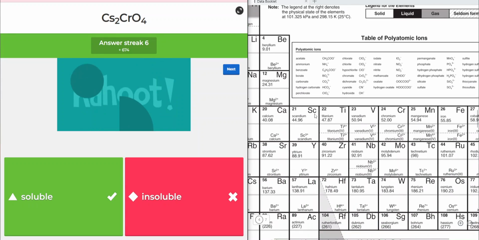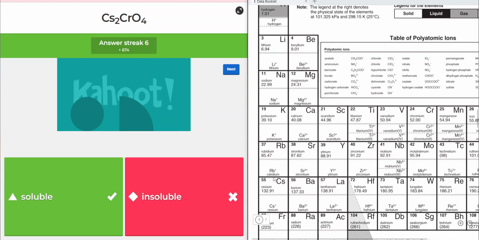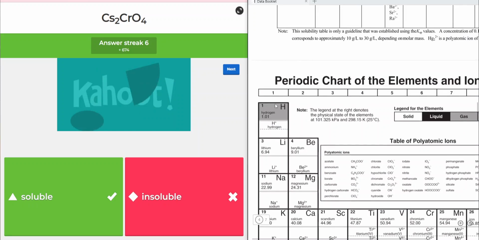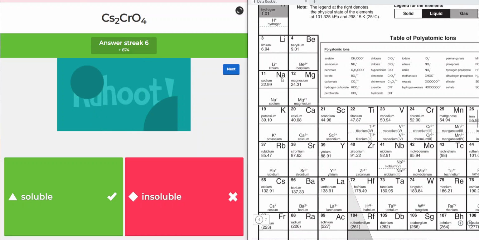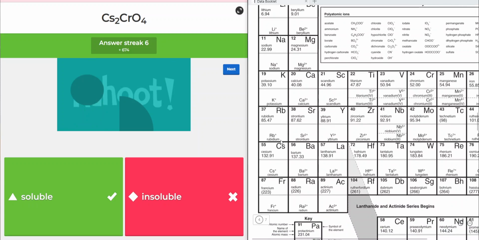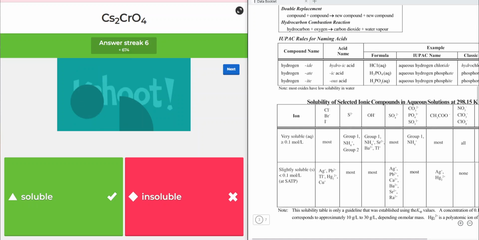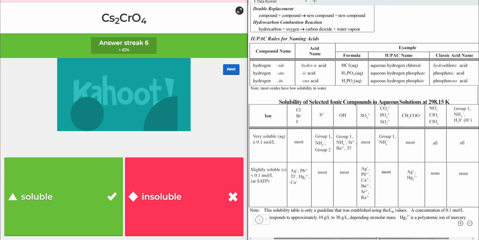You should double check before you click on it. But yes, cesium right here, group 1. So group 1 is this whole column here at the beginning of our periodic table. So hydrogen, lithium, sodium, potassium, rubidium, cesium, and francium. So that's how I got that, even though I didn't see this chromium oxide anywhere here. But like I said, it doesn't really matter because we know cesium.